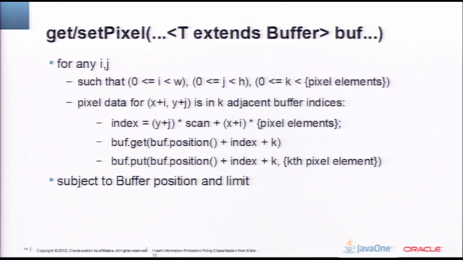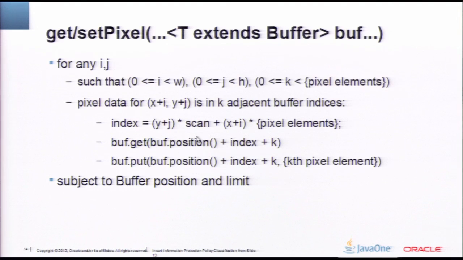The set pixel is pretty much, this is the get and set pixel of the NIO buffer. And the only difference here is that we do absolute gets and puts relative to your position. So when you get back from this method, your buffer position is not modified, but we took it into account when we did the data accesses.